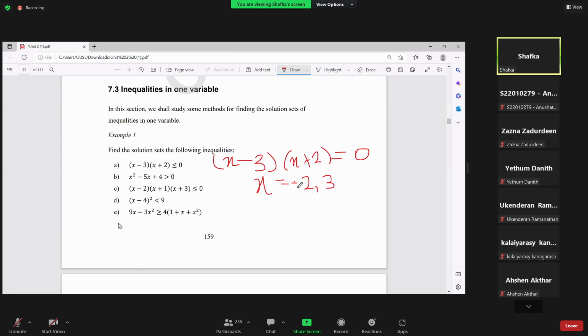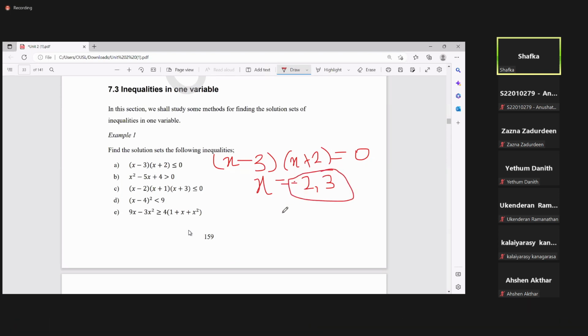Around these two points the sign changes, so these are our critical points. Around minus 2, one side is positive and one side is negative. Around 3 as well. So now we have to think about which region satisfies this inequality.